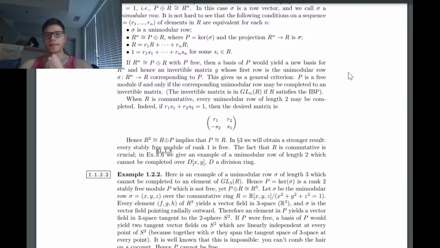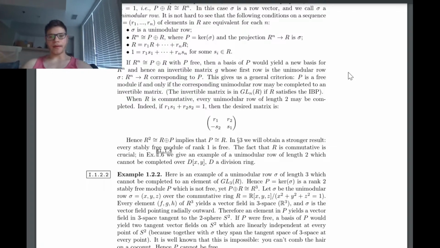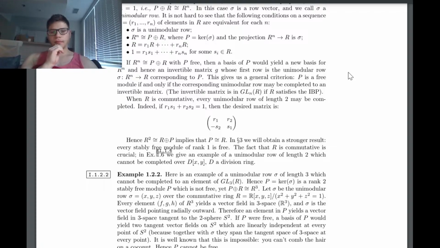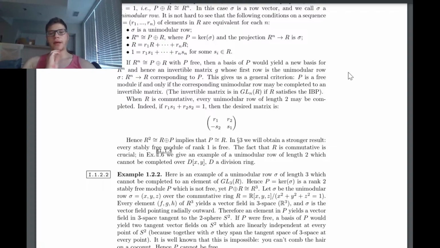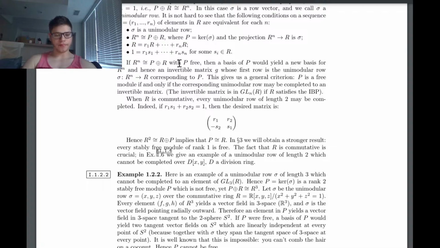Or at least, I think this is up to isomorphism. But it doesn't matter because if you find another complement which is free, then both of them are isomorphic to quotienting by R, and it's isomorphic to a free module, so it's actually free itself.